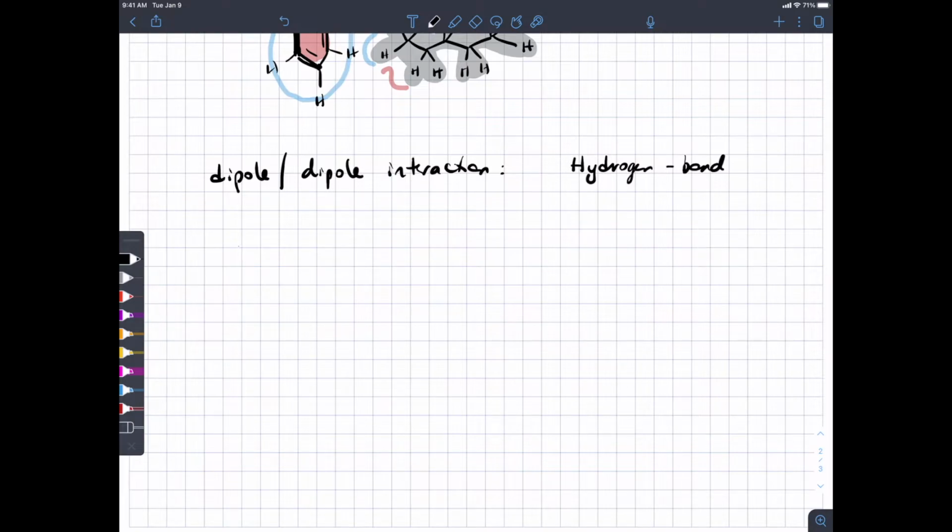The hydrogen bond involves interaction of an electronegative atom, such as this oxygen in a water molecule, with a hydrogen atom in another molecule where that hydrogen atom is electron poor.